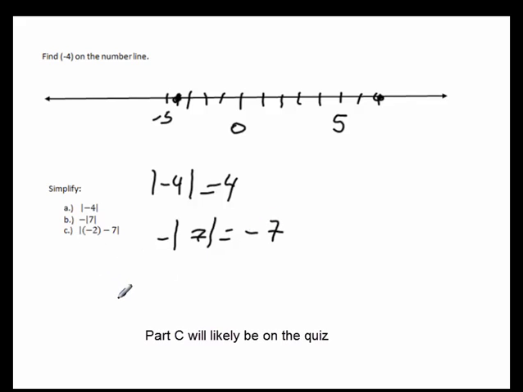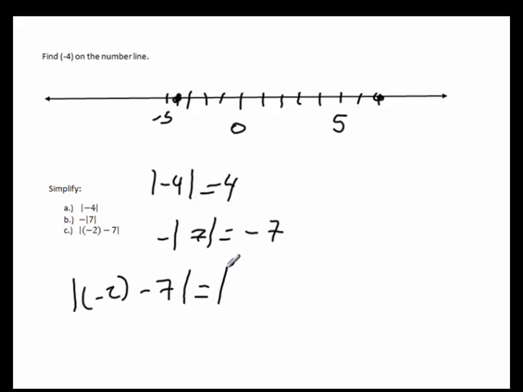And for C, the absolute value of negative 2 minus 7. Now I need to handle inside the parentheses first. So negative 2 minus 7, keeping my absolute value. Negative 2 minus 7 is negative 9. And the absolute value of negative 9 we know to be 9.